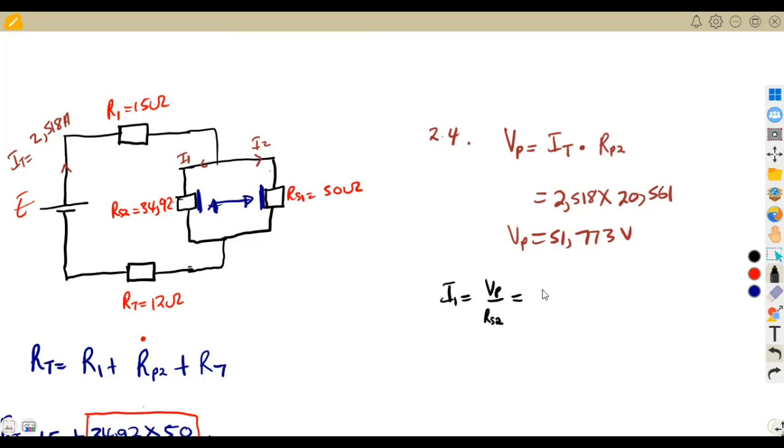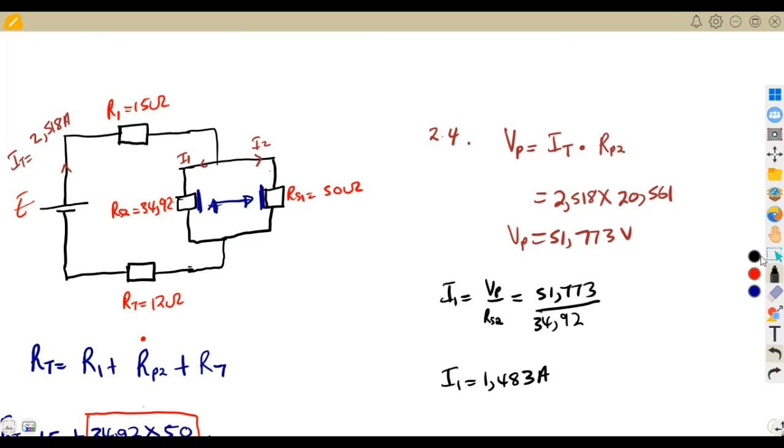VP being 51.773 divided by RS2, which is this resistor, of 34.92. We are going to obtain current 1 from there, which is going to be 1.483 amps, something like that.